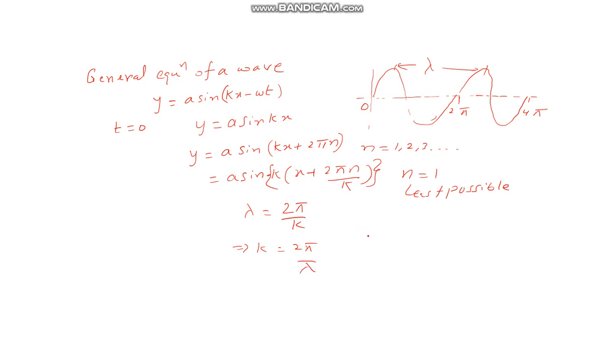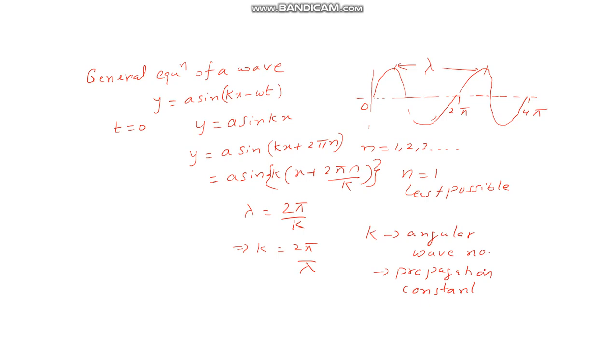This k is called angular wave number. It is also called propagation constant.